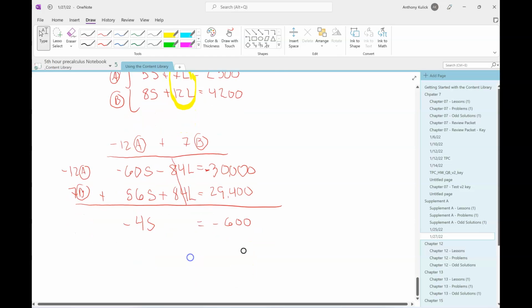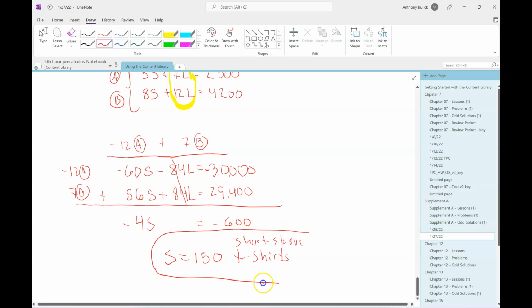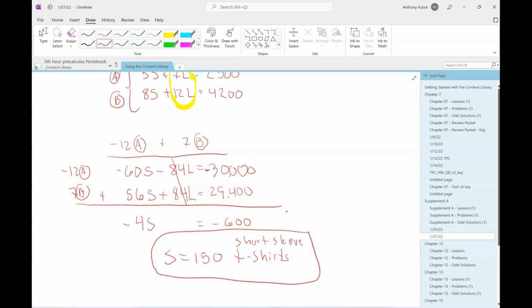If I divide both sides by negative 4, I get that we have 150 short sleeve t-shirts that we bought. What do you guys think? Not bad, right?